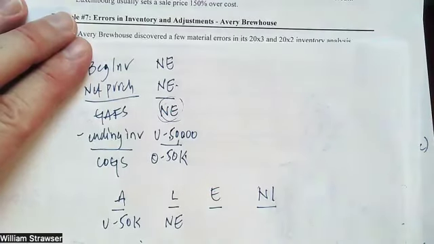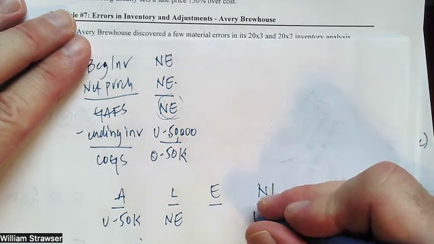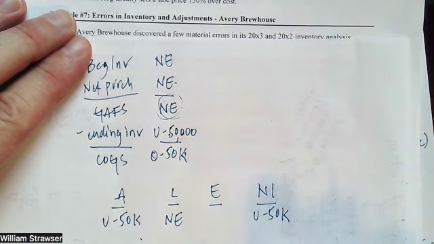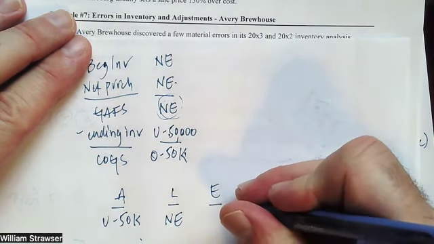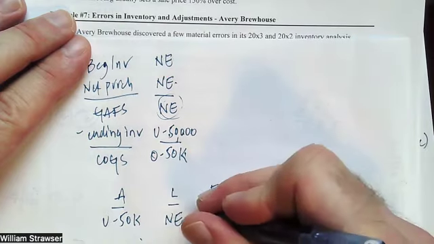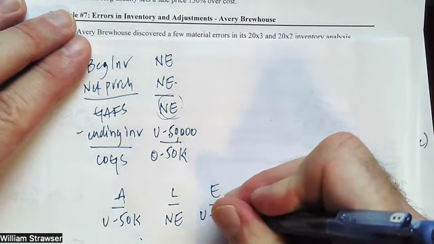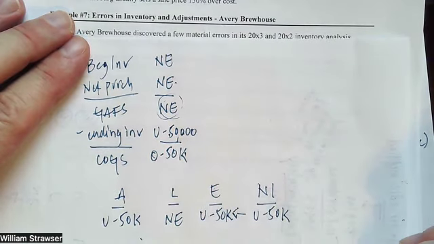Cost of goods sold is overstated. We overstated an expense, which would understate net income. And because we're going to close this errored net income into retained earnings, it brings my retained earnings to an understated amount of 50,000.